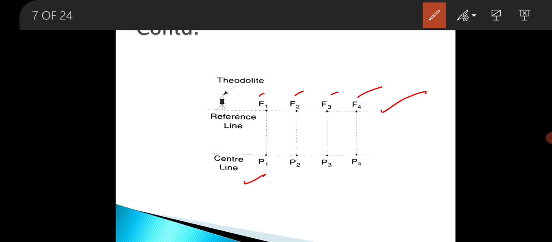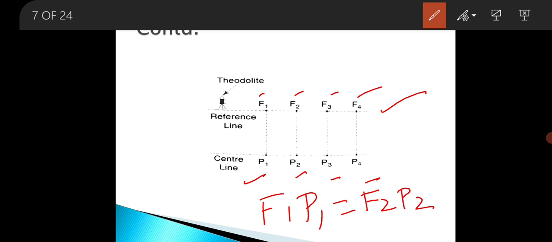Then the distance between F1 and P1 is measured by a tape. Then the other points on the center line, P2, P3, P4, are marked by taking F1P1 equals F2P2 equals F3P3 and so on. Thus the points P2, P3, P4 etc. can be marked on the center line.